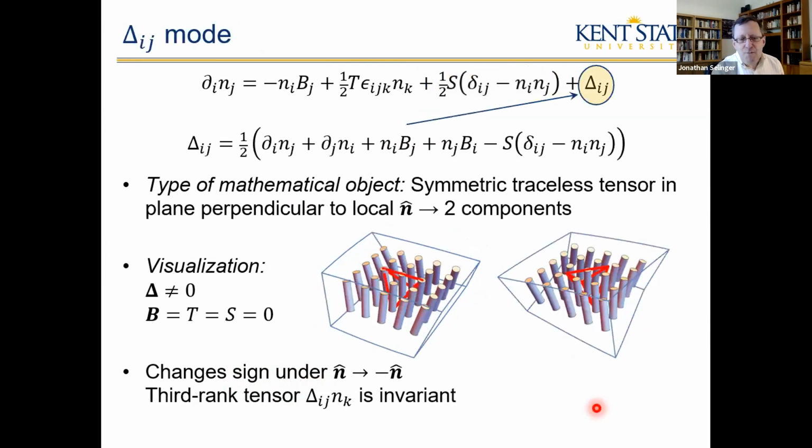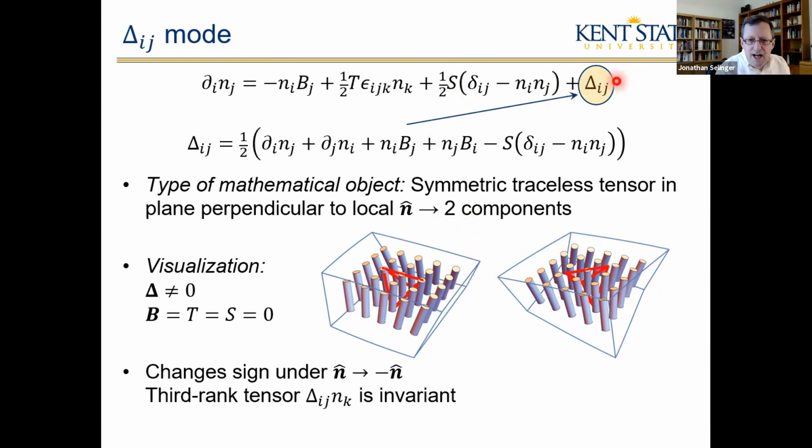And then there's a fourth mode, less well known, but somewhat related to saddle splay. That is the remaining director deformation, which looks like this. It is a director deformation which is outwards in one direction, inwards in the orthogonal direction, so it has a shape kind of like this tetrahedron.